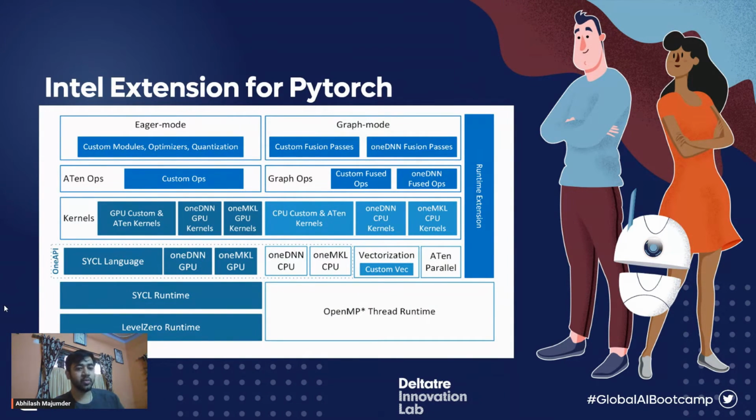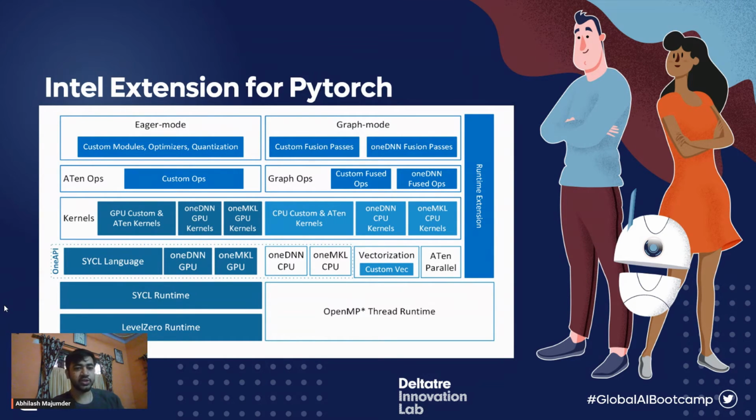SYCL is the C++ equivalent of CUDA for Intel CPUs, Intel XPUs, Intel GPUs and accelerators. In this case, we perform these kinds of optimizations, vectorizations, and different kinds of custom kernels, using the oneMKL framework and the oneDNN framework, for our CPU and GPU to perform optimizations faster.